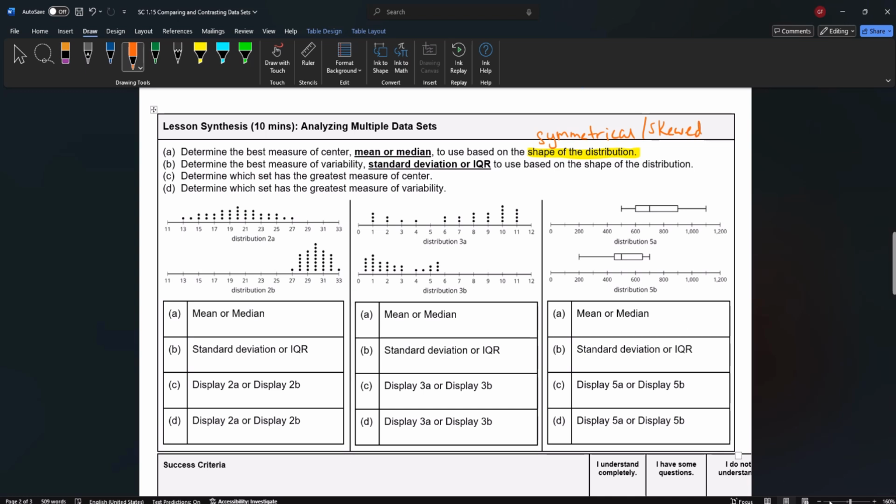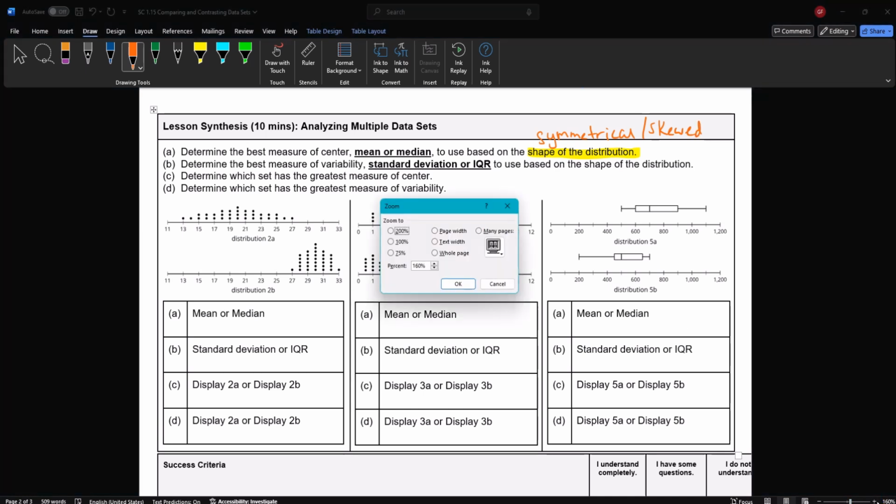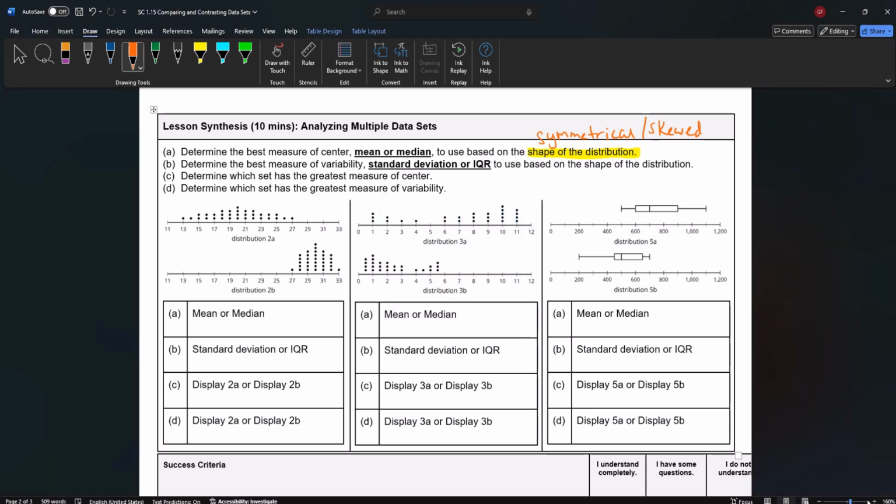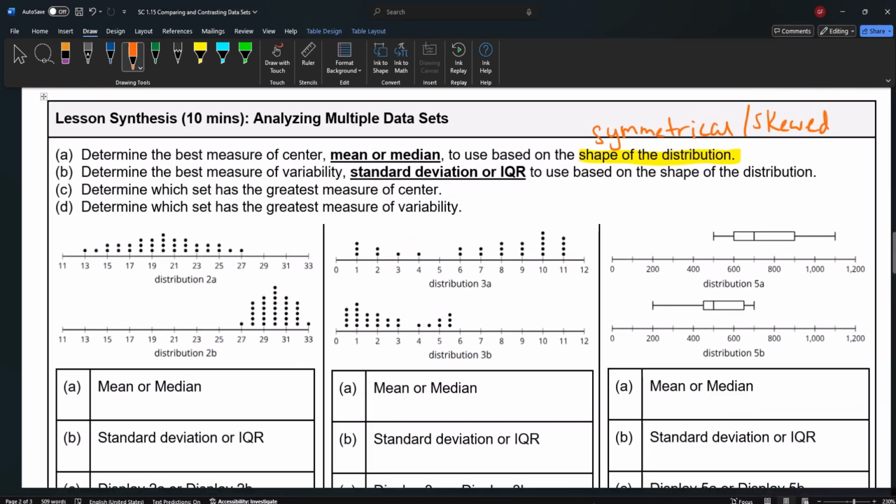If we take a look at the first set of data, we first have to see if our data is symmetrical. Right away, once I find the middle of both data sets, I notice that both sides are symmetrical.